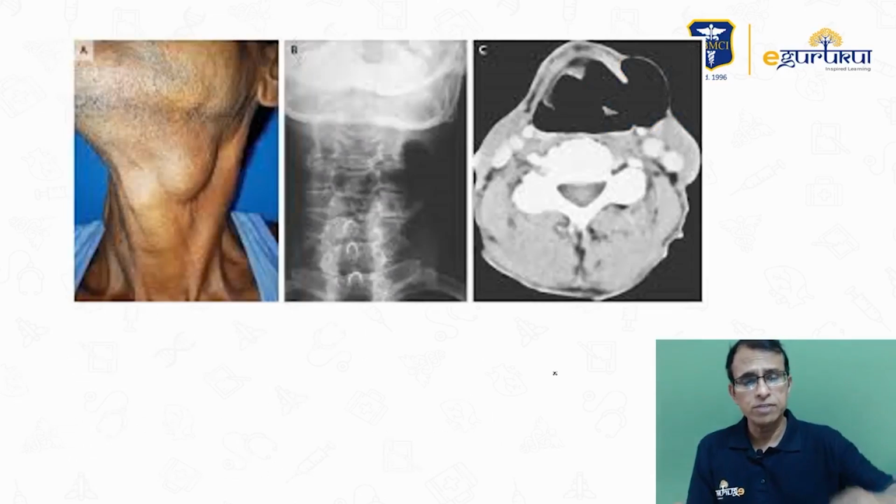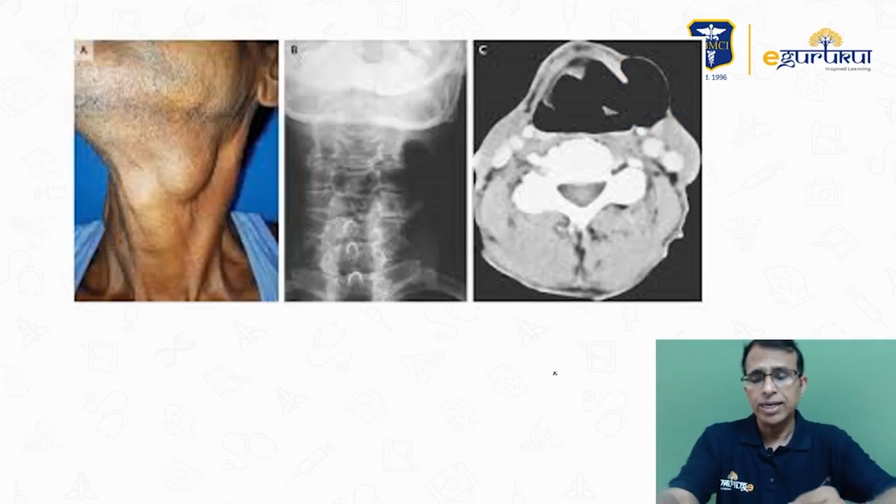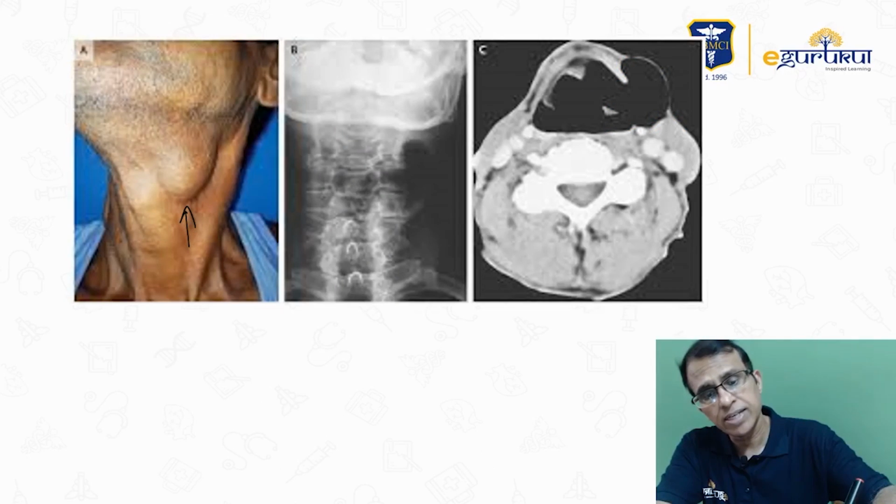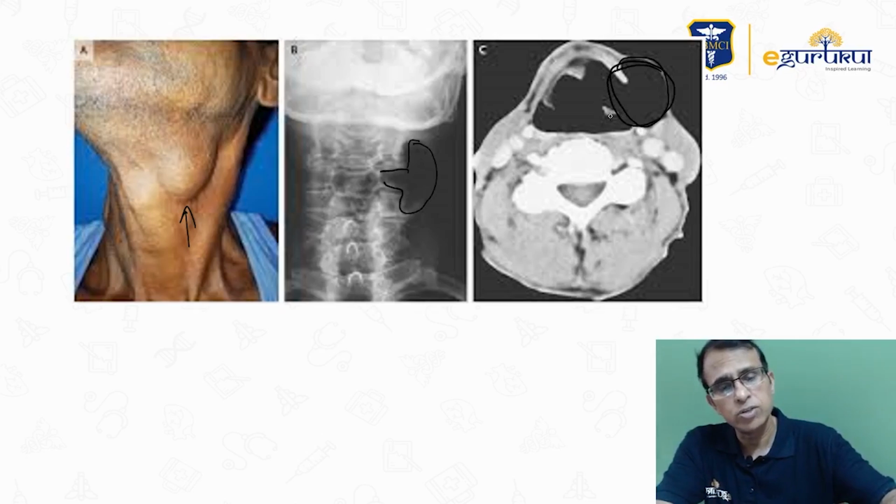I'll show you a few other images of this patient. So this is how a laryngocele may look, this swelling. This is another view X-ray of the laryngocele. And this is a scan showing the laryngocele connected with the larynx. There is a connection between the larynx and the laryngocele.